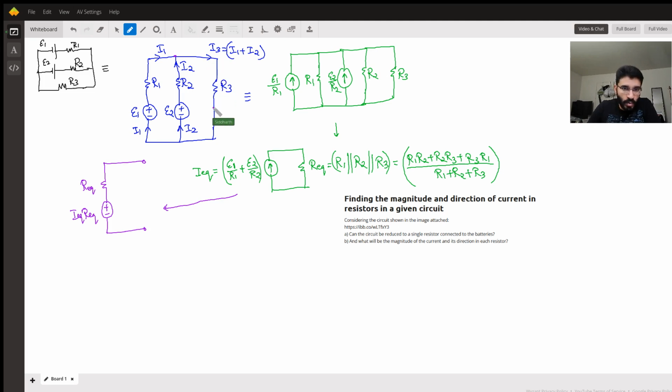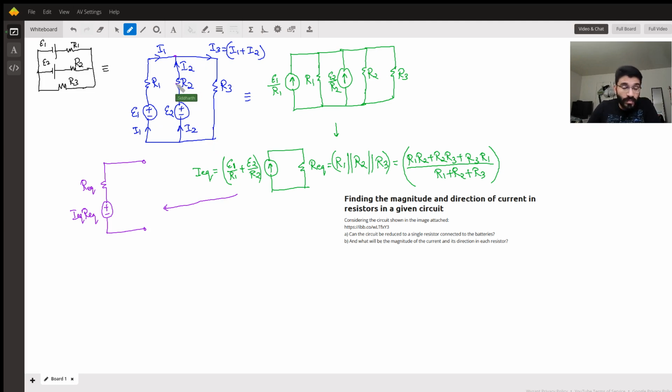Now, when this current I3 goes here, this has to break back into the original currents I2 for this voltage source and I1 for this voltage source. And that's the reason I'm saying I3 will be equal to I1 plus I2, and it breaks back into I1 over here and I2 in this branch.